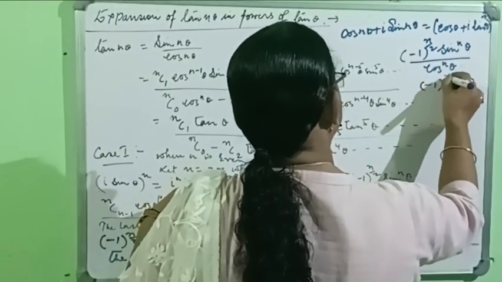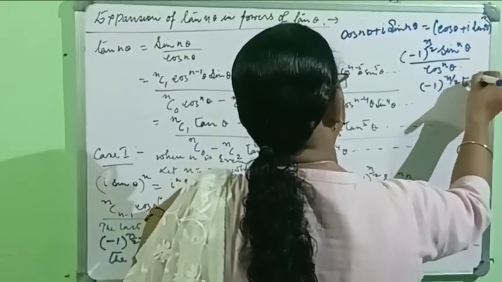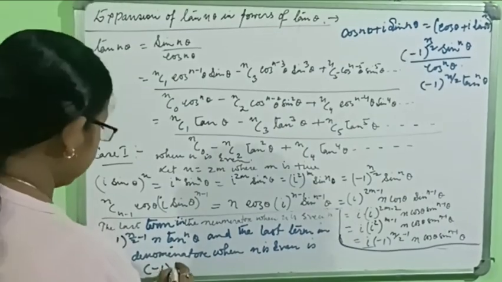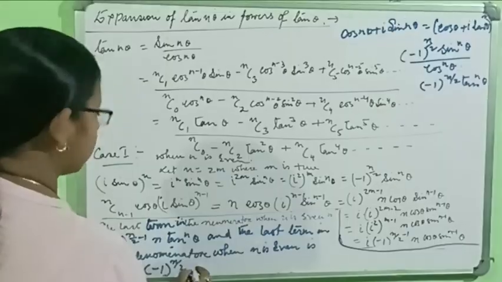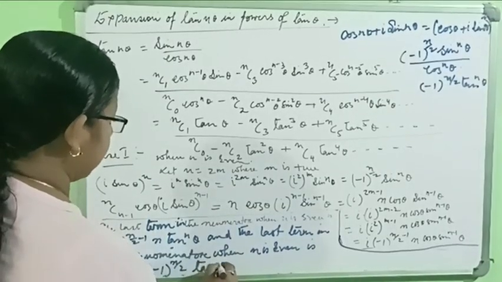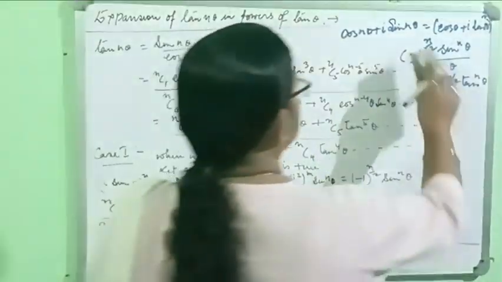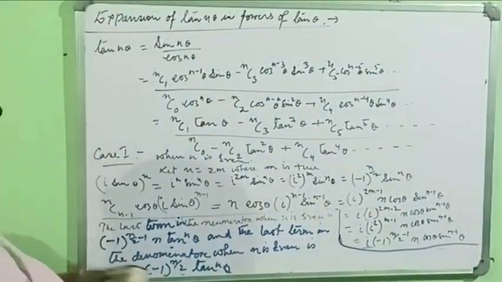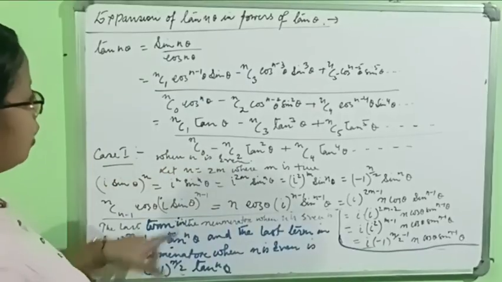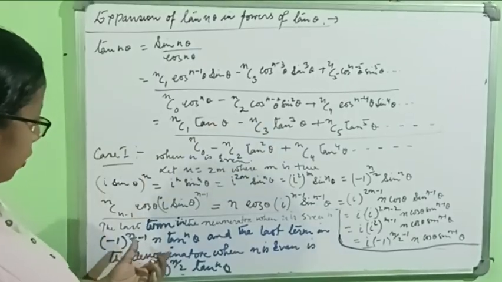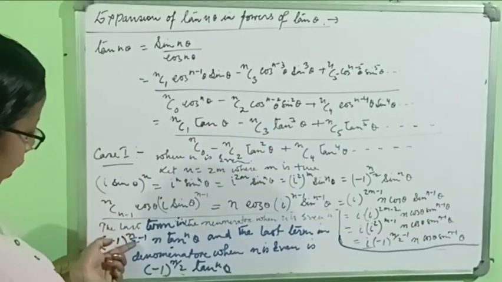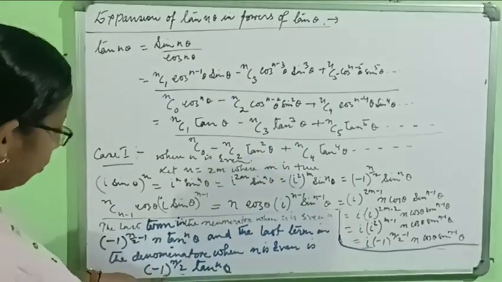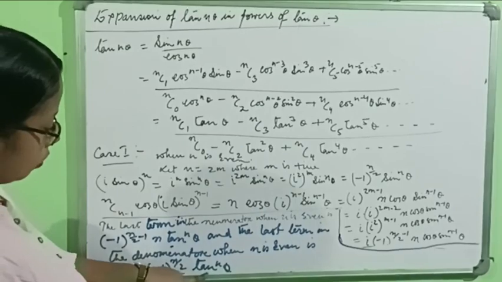So the last term in the numerator is minus 1 to the power n by 2 minus 1, then tan n theta, and the last term in the denominator is minus 1 to the power n by 2, then tan n theta.